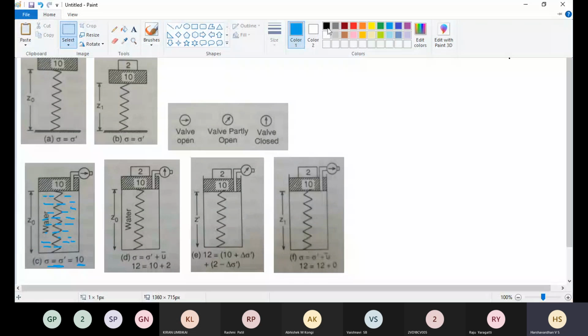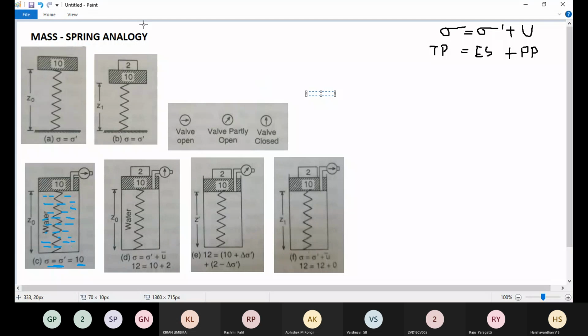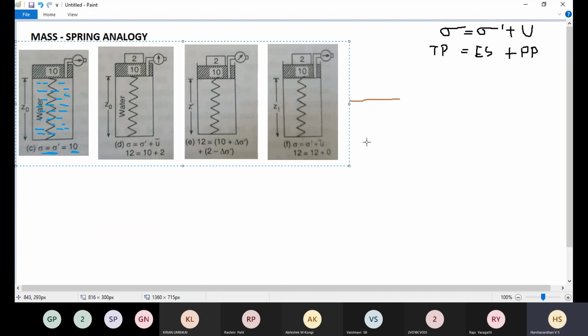Initially, let's say this is the soil mass. If you consider any single element, there is some surcharge or self weight of the soil.